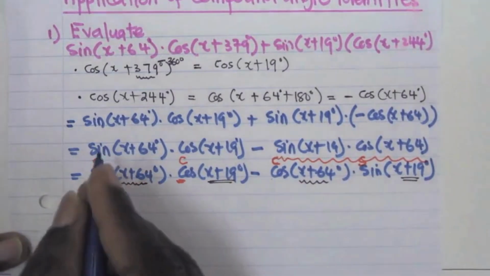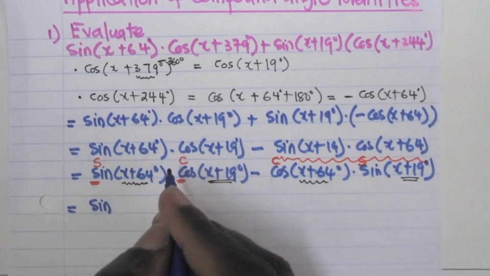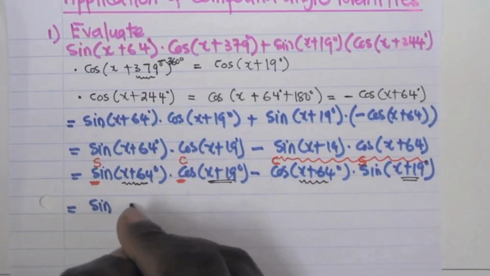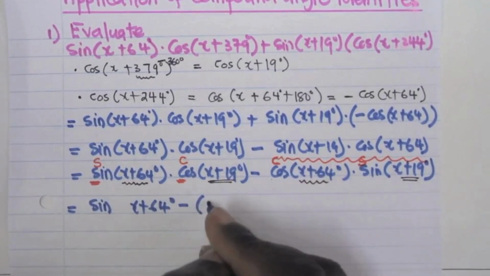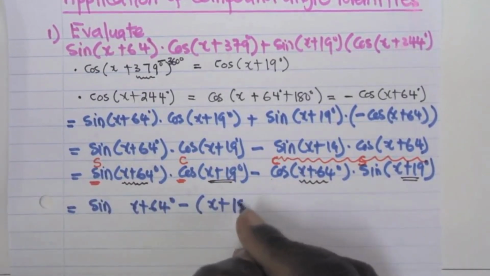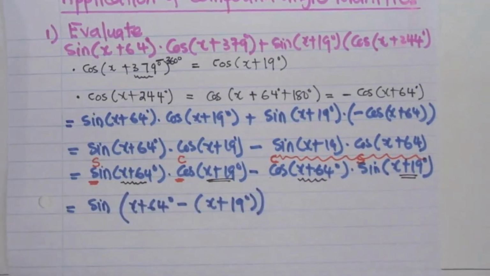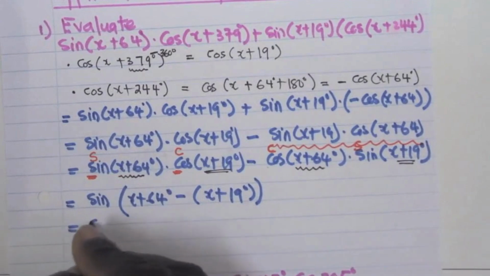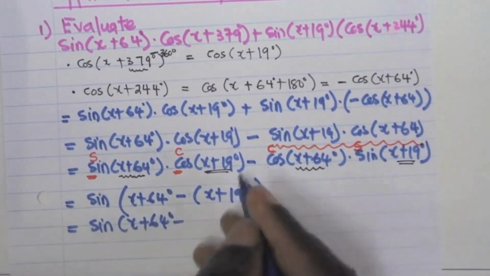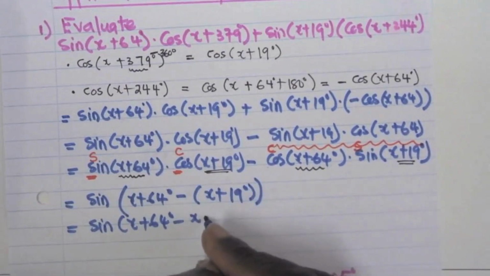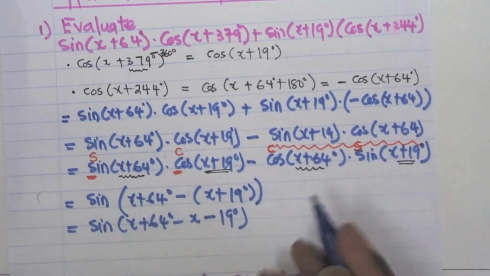So I can write this as sin((x + 64 degrees) minus (x + 19 degrees)). And if I simplify, I'm going to get sin(x + 64 degrees minus x minus 19 degrees).